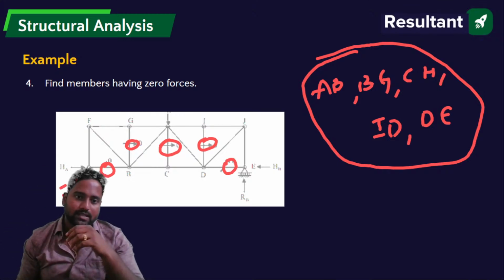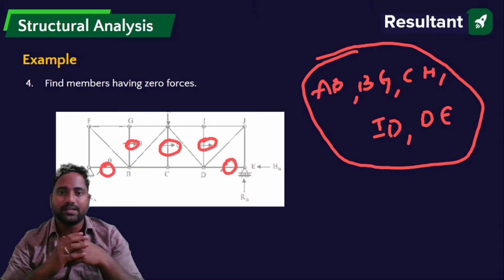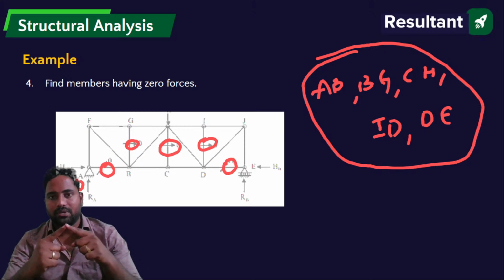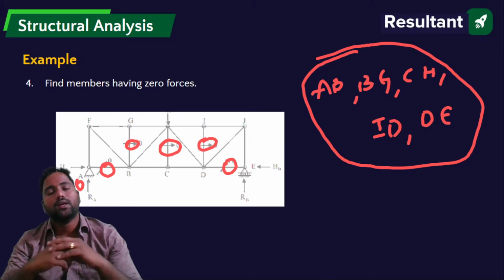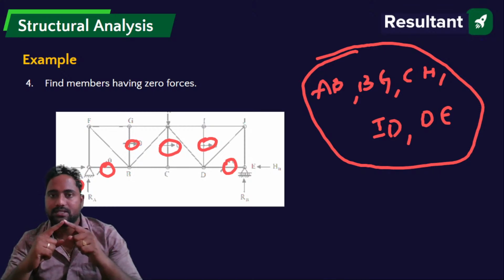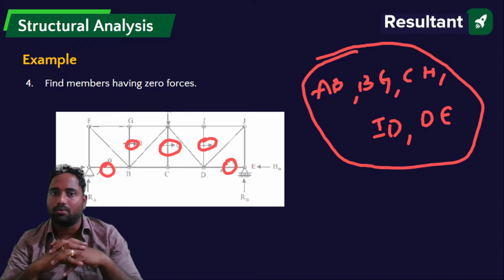That example I have given you here: 3 members are meeting at a joint, out of which FG and GH are collinear, so force in BG equals to 0. Next, if two non-collinear members are meeting at a joint and no external load is applied over it, then the forces in these two members are 0. Based on that, we have solved problems.